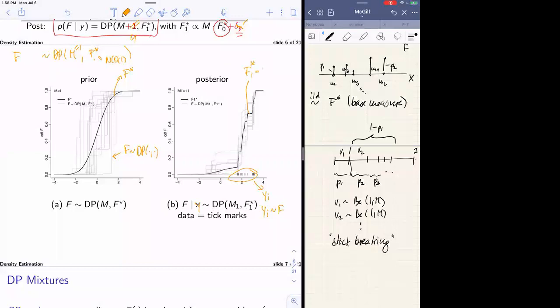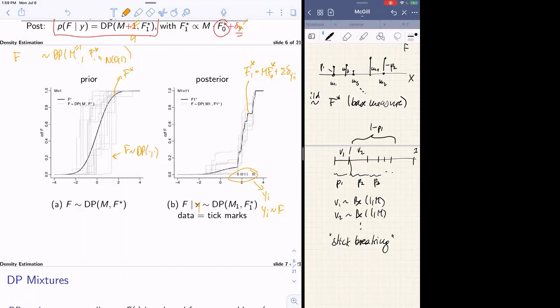The F1 star is M F0 star plus summation of point masses at the data points, summation of delta y_i. Is everyone comfortable with the notation of delta x for a unit point mass at location x? Then summation delta y_i becomes the empirical distribution scaled by n.